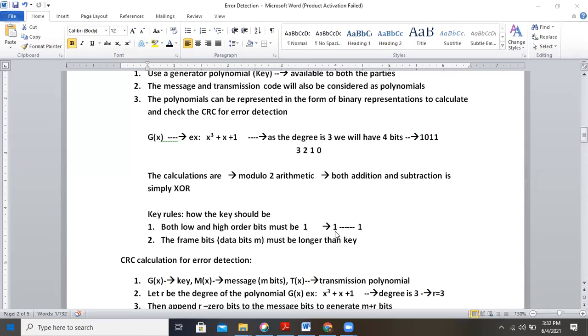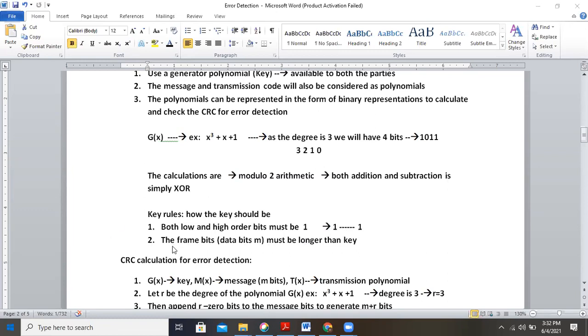That means the binary key must start and end with 1. You can have either 0 or 1 in between, but whatever key value you choose, it should start with 1 and end with 1.